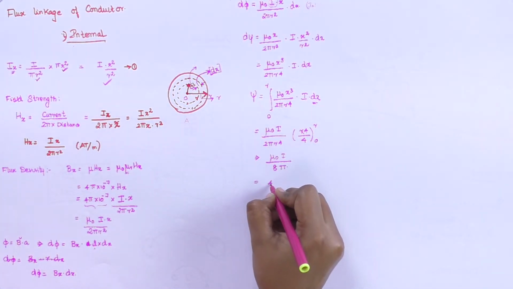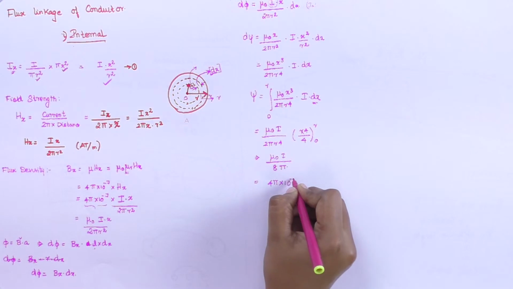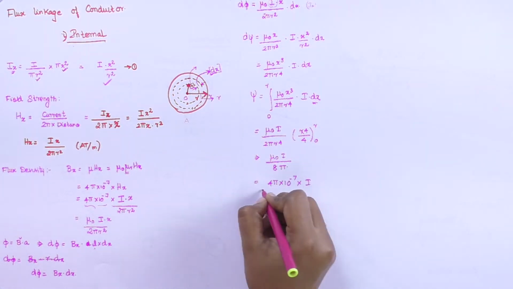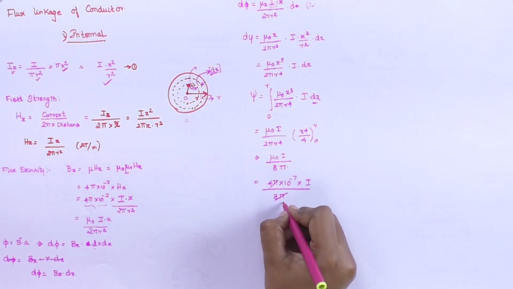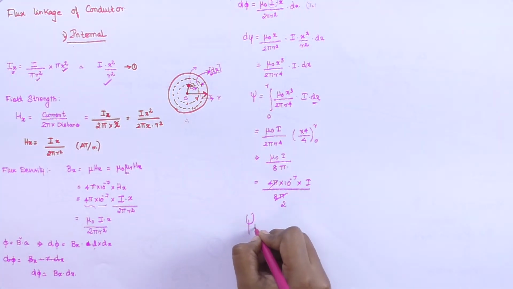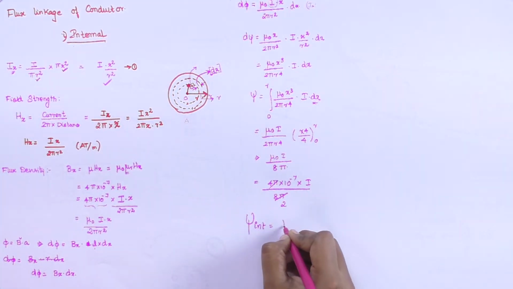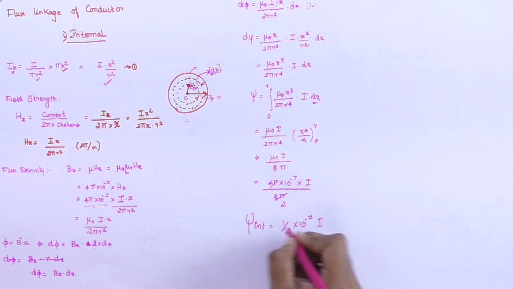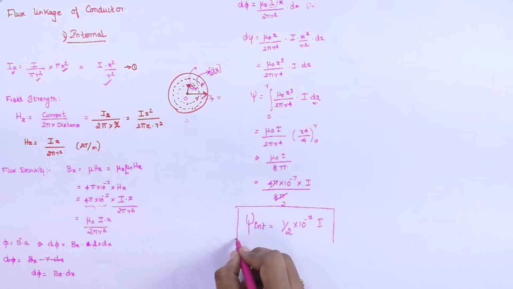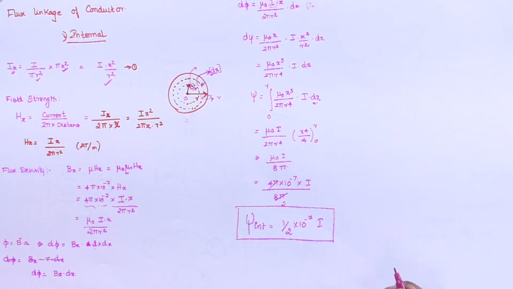So mu naught value is 4 pi into 10 to the power minus 7 into I divided by 8 pi. So 1 by 2. So flux linkage due to internal is 1 by 2 into 10 to the power minus 7 into I. This is the value we are going to use for further calculation.